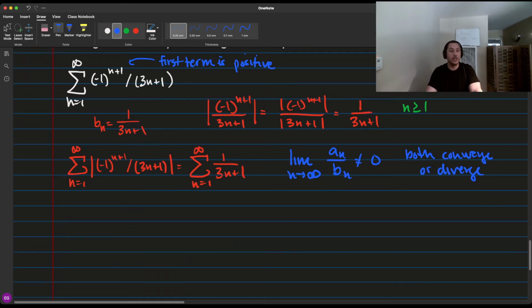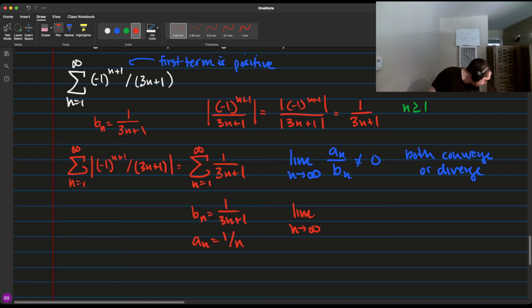Looking at this, it looks like the harmonic sequence, like 1 over n. So I'm going to say that my Bn is 1 over 3n plus 1, and I'm going to call my AN 1 over n, because I know that this one diverges. If I want to take the limit of the ratio, AN over BN, I would do the limit of 1 over n divided by 1 over 3n plus 1.